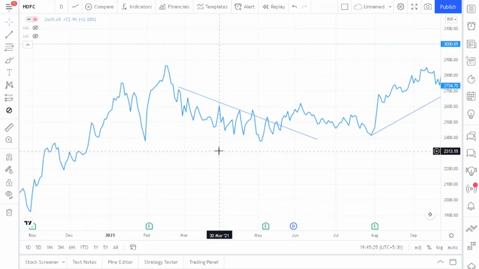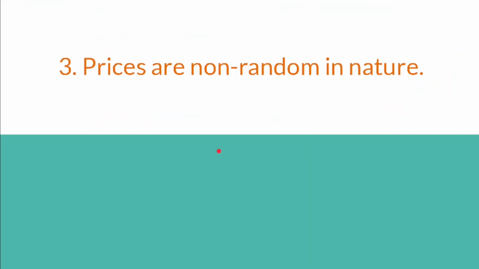And because people are selling these stocks, people are buying these stocks, there is certainly emotion in the market, which is reflected in price. That's why we say prices are non-random in nature. Prices are not going up or down because of some randomness. It is going up or down because of human psychology, because of fear, because of greed. So this is what the third assumption of technical analysis says.